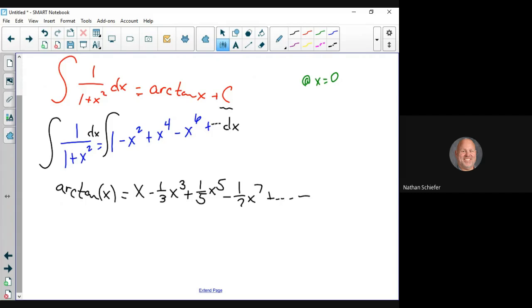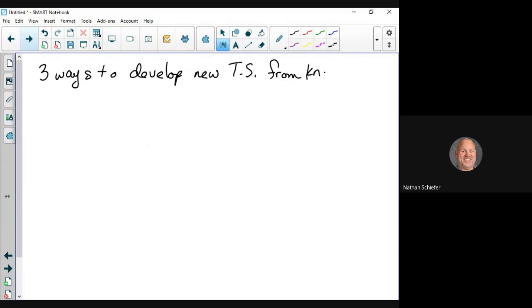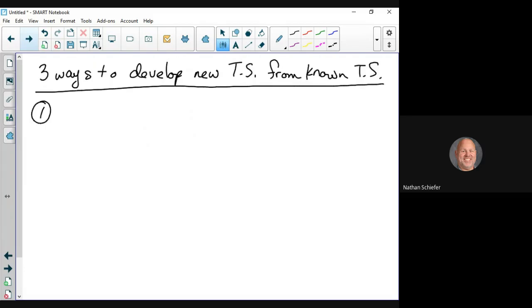So the 3 things that you could do to develop new Taylor series from known Taylor series is substitute, that's the big one.